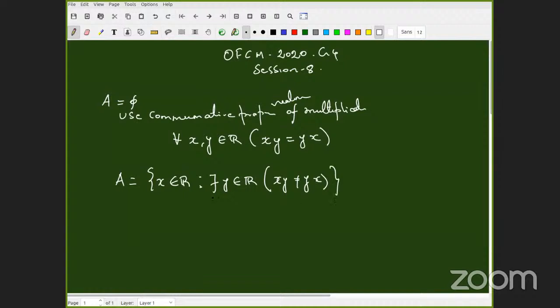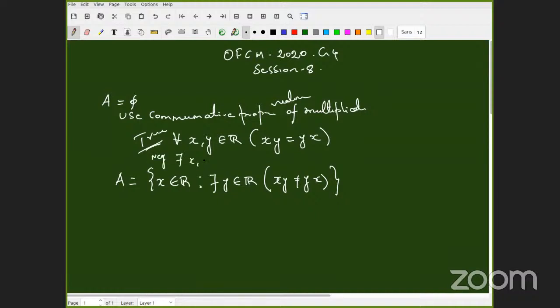I don't know what you people are having trouble with. See, I said already, this is the property negated. The property is always true because we have assumed the commutative property of multiplication. So what is the false statement? The negation is false. What is the negation of this statement?